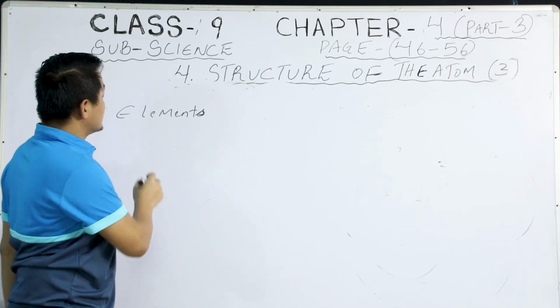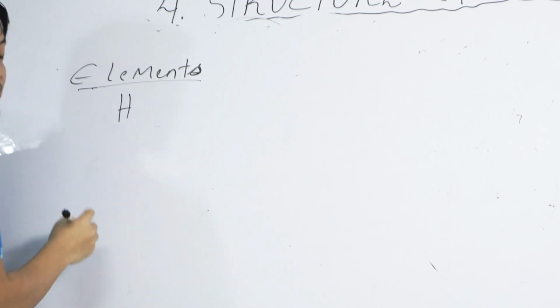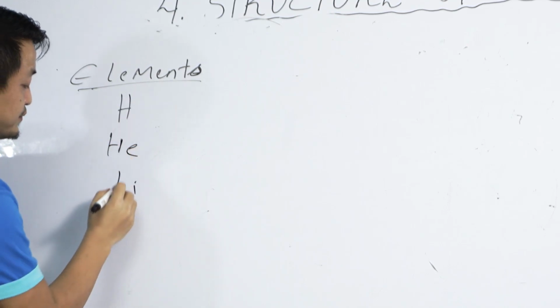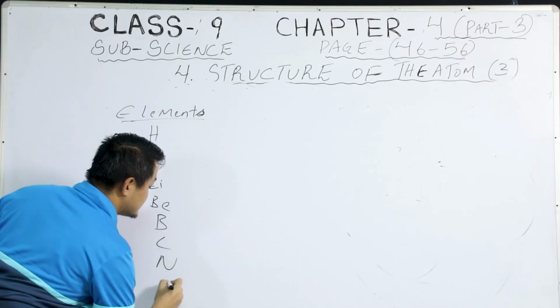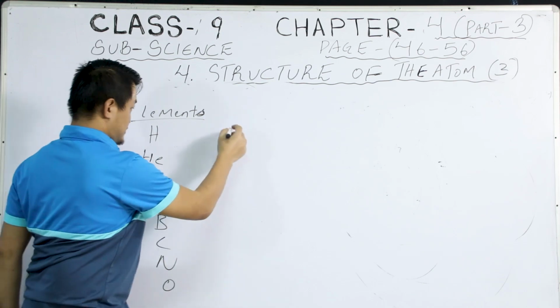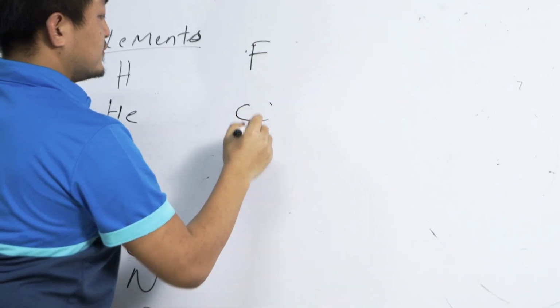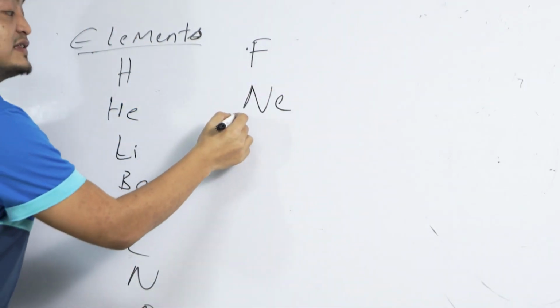So my dear students, let's start from hydrogen: hydrogen, helium, lithium, beryllium, boron, carbon, nitrogen, oxygen. Now fluorine, neon. So this is till 10.